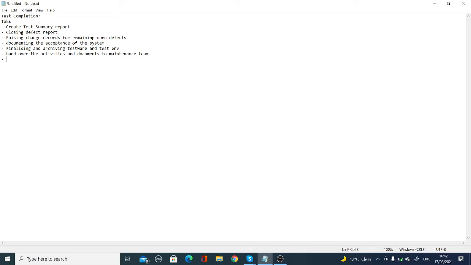Testware covers documents, any deliverables, the test data you have, the expected results you have stored, how to set up the environment, setup guide, test procedures, any files, any databases, any environment version-wise, and any other software you are using, like Selenium, IntelliJ.